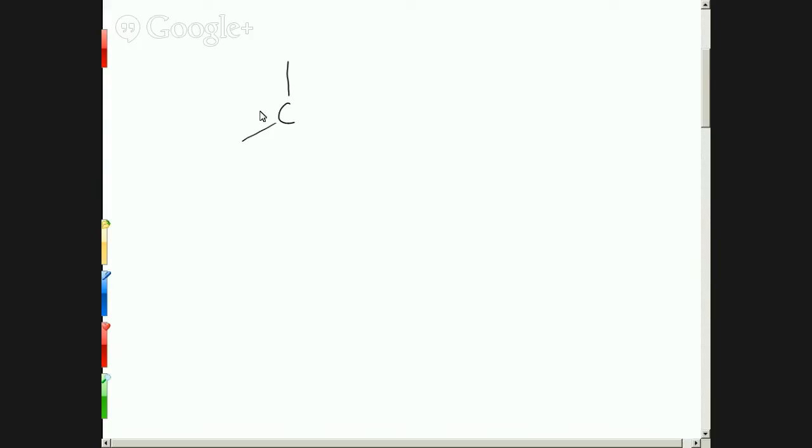The way we express that is by drawing this kind of a shape for the one that's coming out at you, and this kind of a shape for the one that's going back. We call this a wedge.